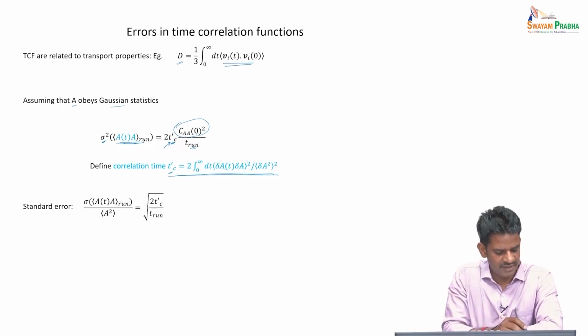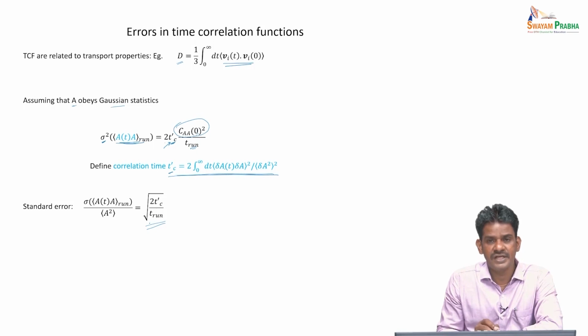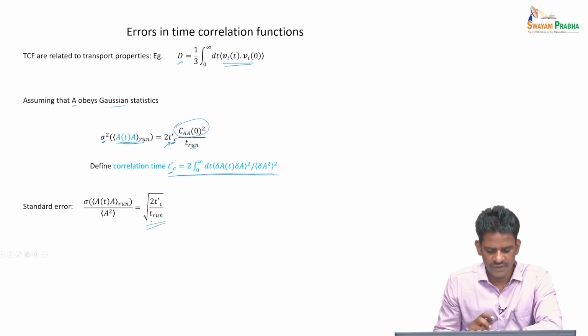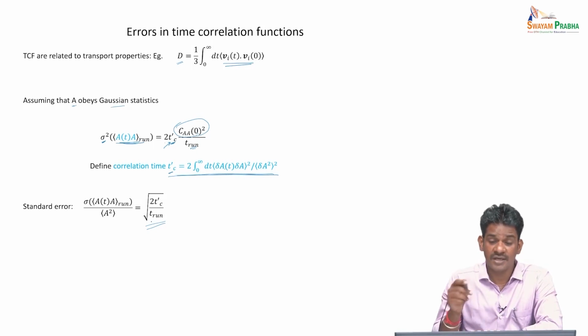Using this formula we can calculate the standard error, and as you can see the standard error is actually independent of time. So this is one way in which you can calculate error in the time correlation function also.